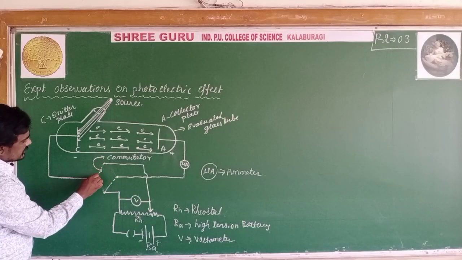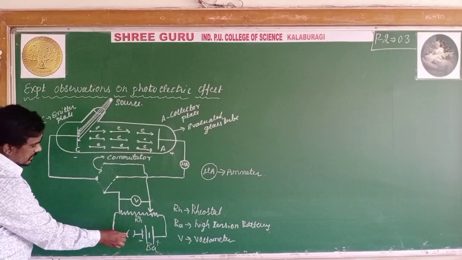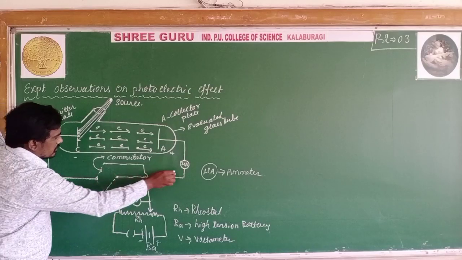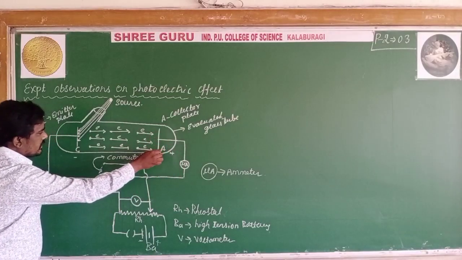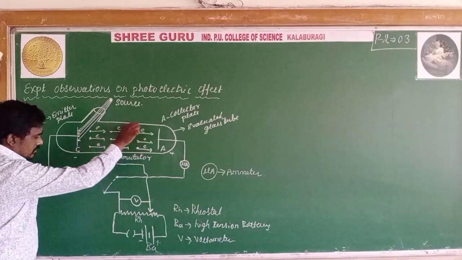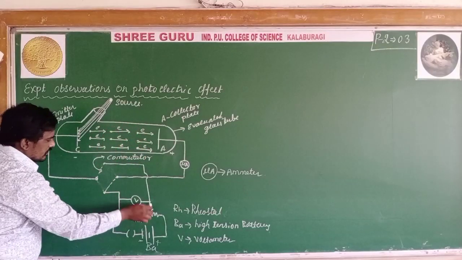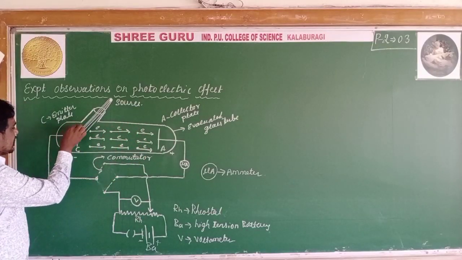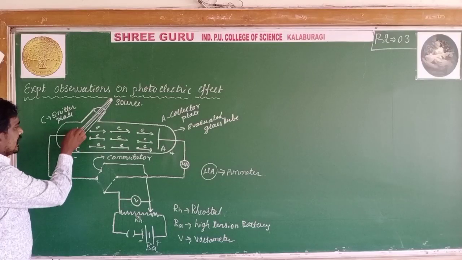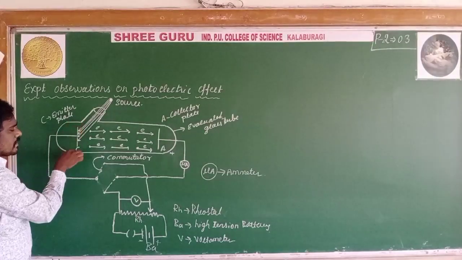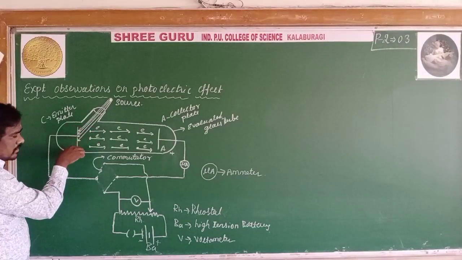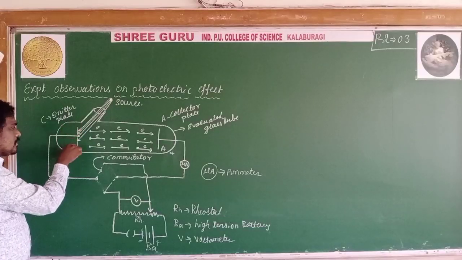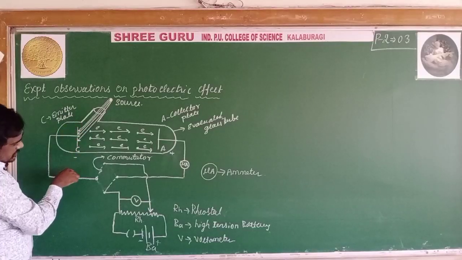The negative charges will move to the anode plate and repel these electrons, and positive ions are developed on the cathode plate, so more positive ions and fewer electrons are present on this plate.